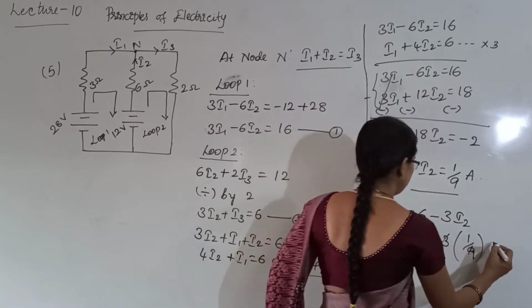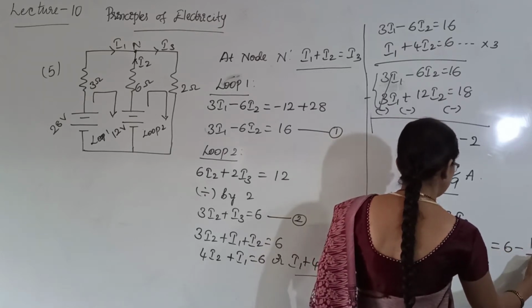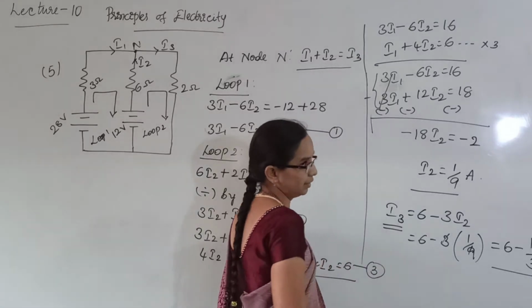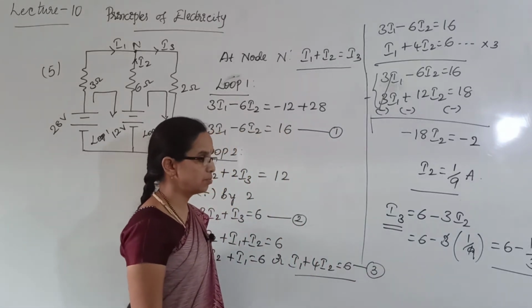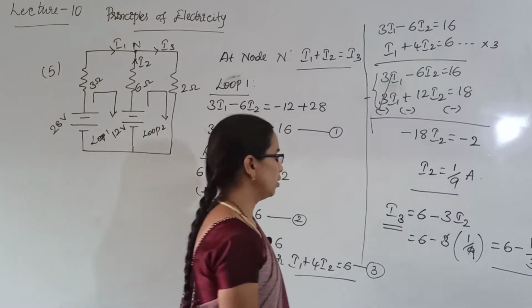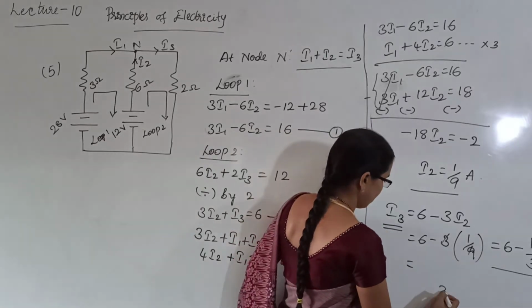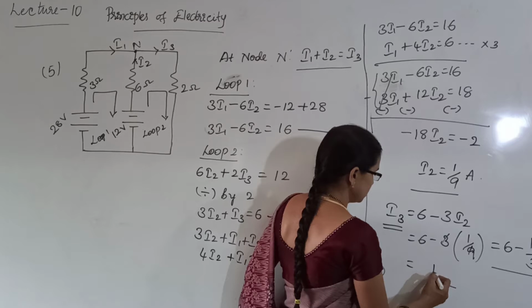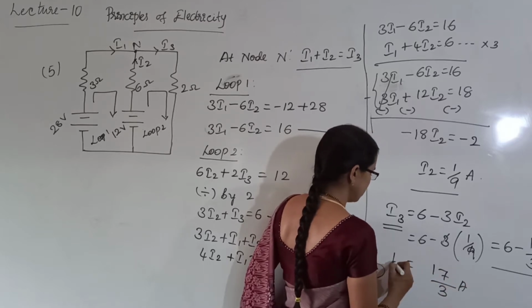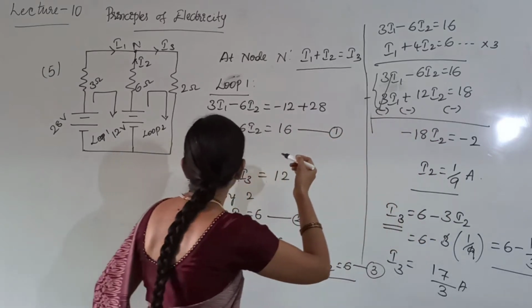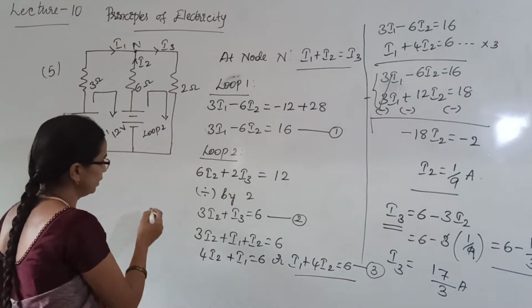So, we will get 6 minus 1 by 3, calculate it and put the value for I3. It will come around 17 by 3 amperes.